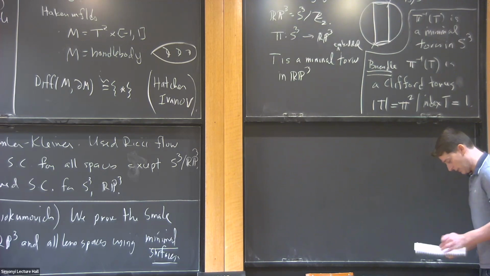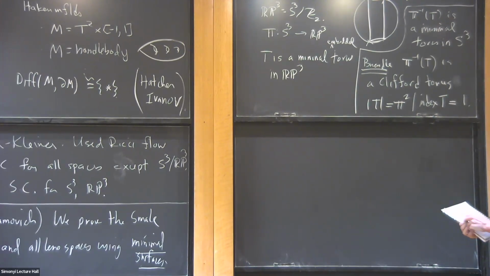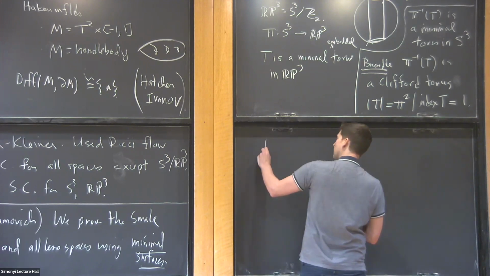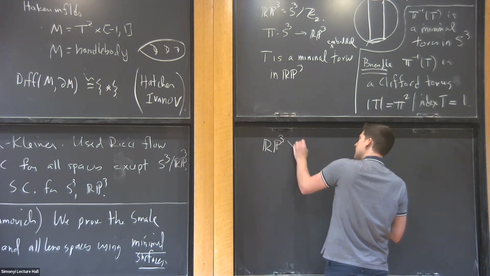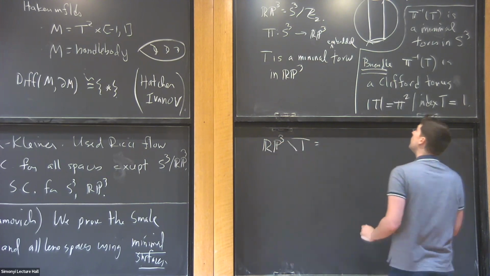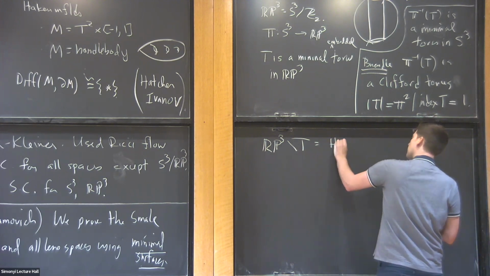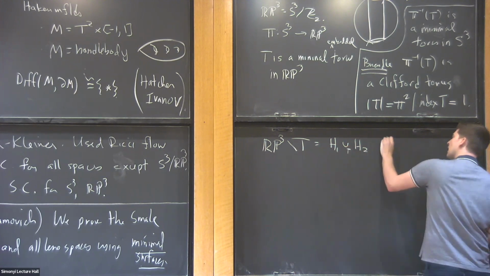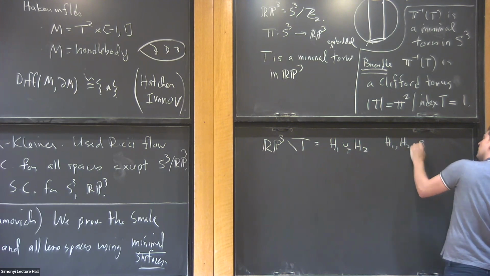What else can we say about it? It has another nice property. If you take RP3 and subtract the Clifford torus, then what you see is 2 genus 1 handle bodies, which are joined together at the torus in the middle.